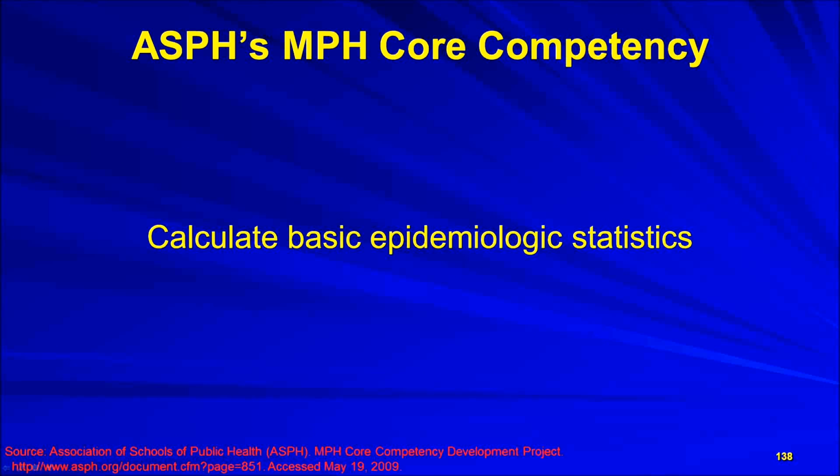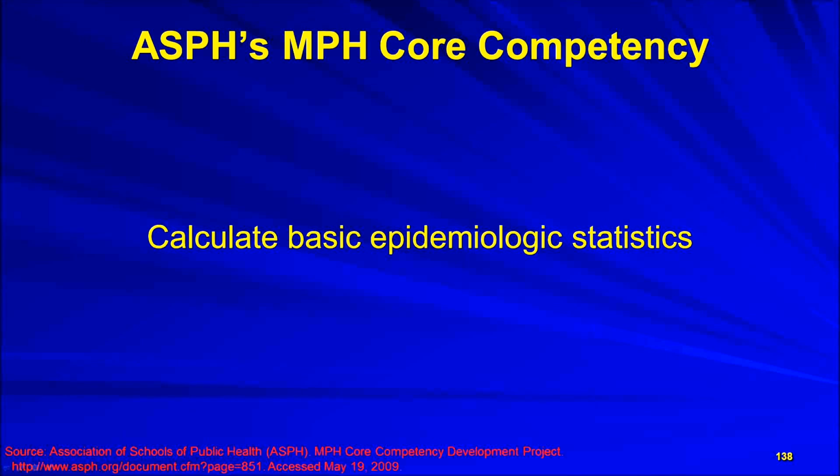Next, I'd like to focus on one of the basic core competencies by the Association of Schools of Public Health, and that's calculating basic epidemiological statistics. This is a heady part of the course. The calculations are not complex. They involve addition, subtraction, multiplication, and division, so there's just four functions.